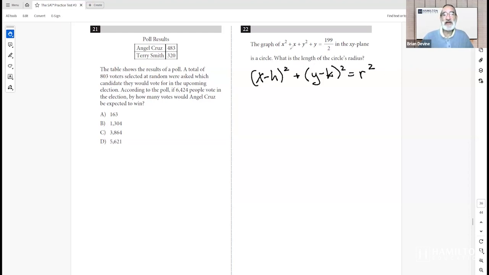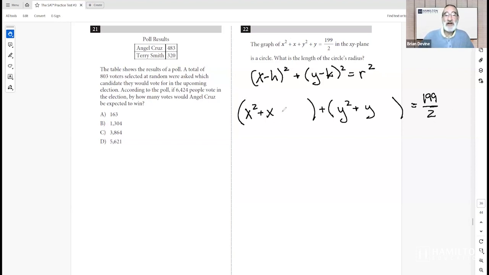Well, in order to get it into that form, I've got to do a technique called complete the square. So I'm going to group the x's together. I'm going to group the y terms together. And I'm going to leave the 199 over 2 alone for a moment.